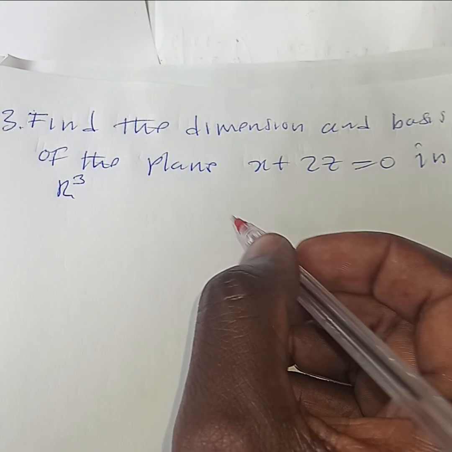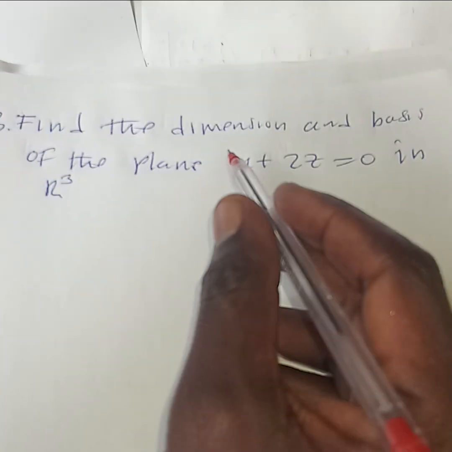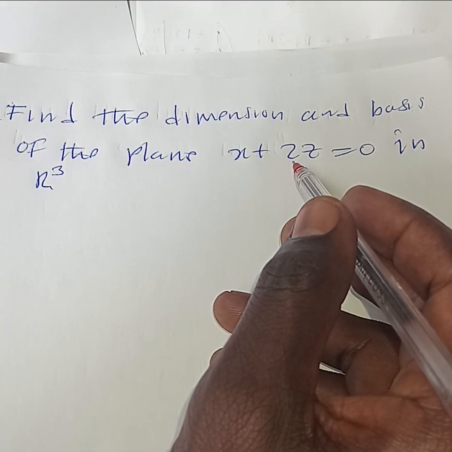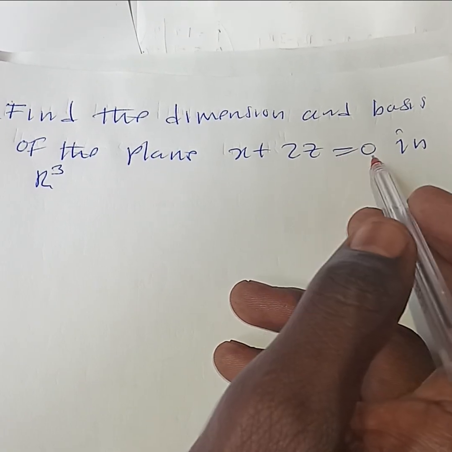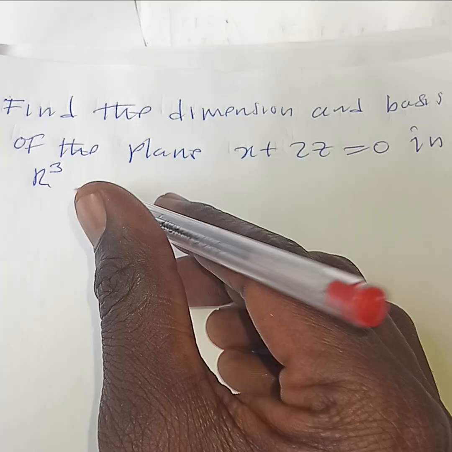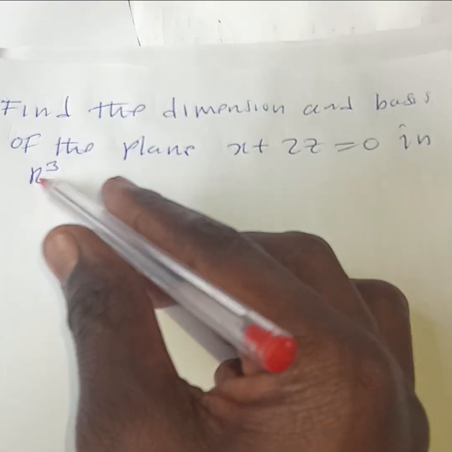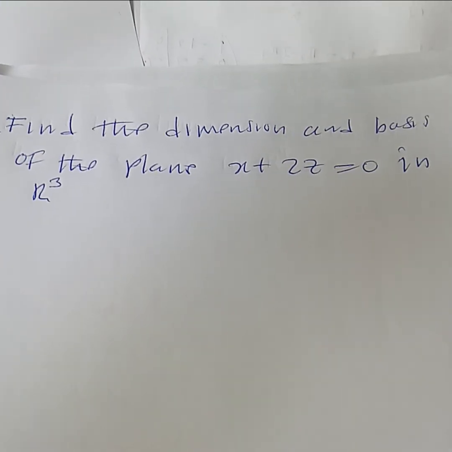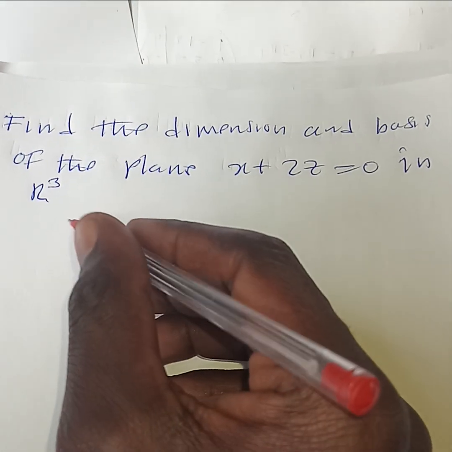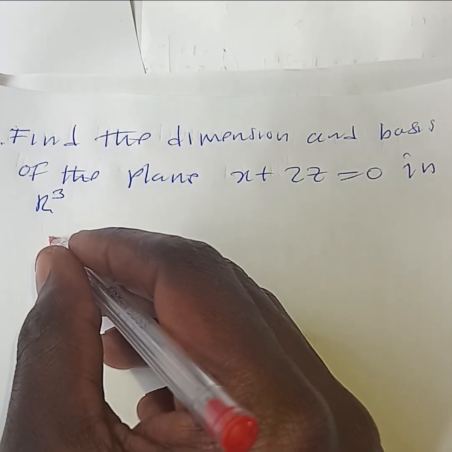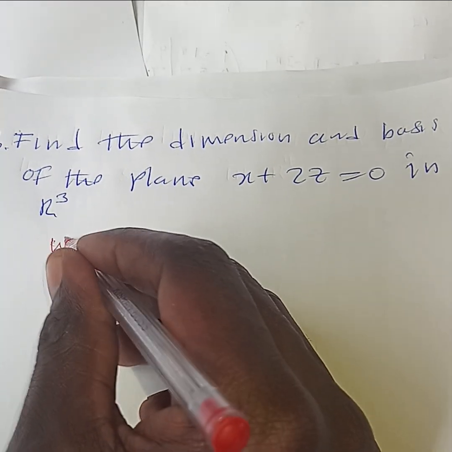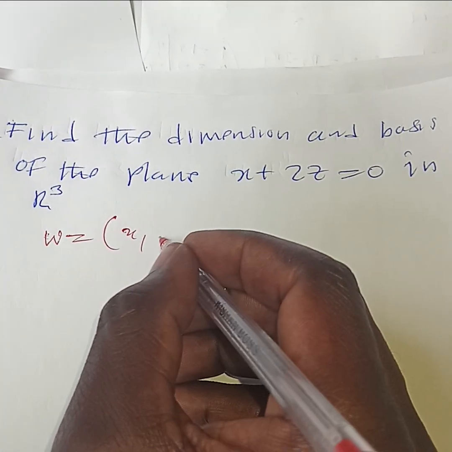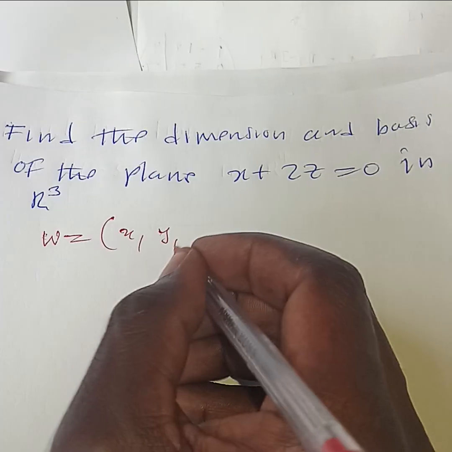The third example: find the dimension and basis of the plane x plus 2z equals 0 in R to the power 3. Since it is in 3 dimension, we let W be x, y, z.